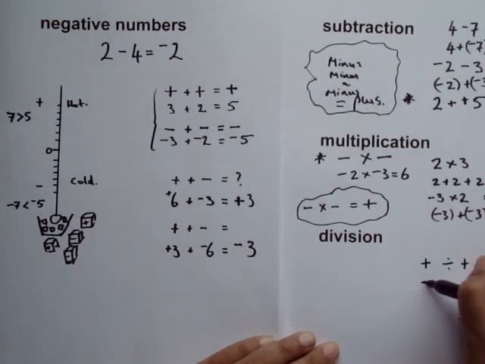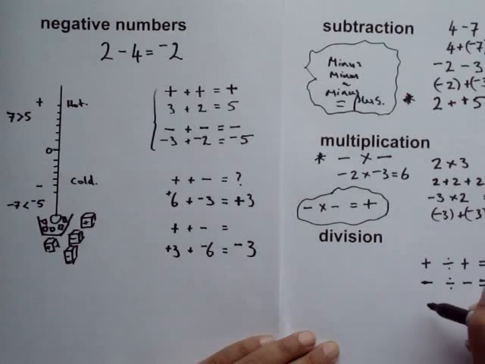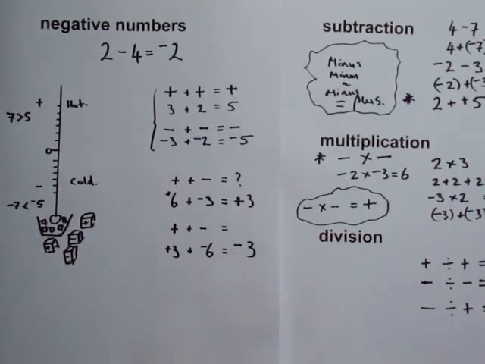A minus divided by a minus number gives you a plus number. Minus divided by a minus is a plus, as in the case of multiplication. And a minus divided by a plus gives you a minus.